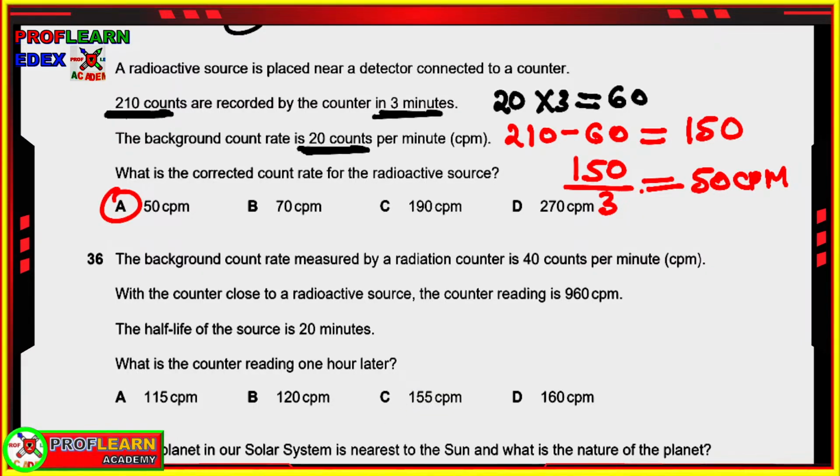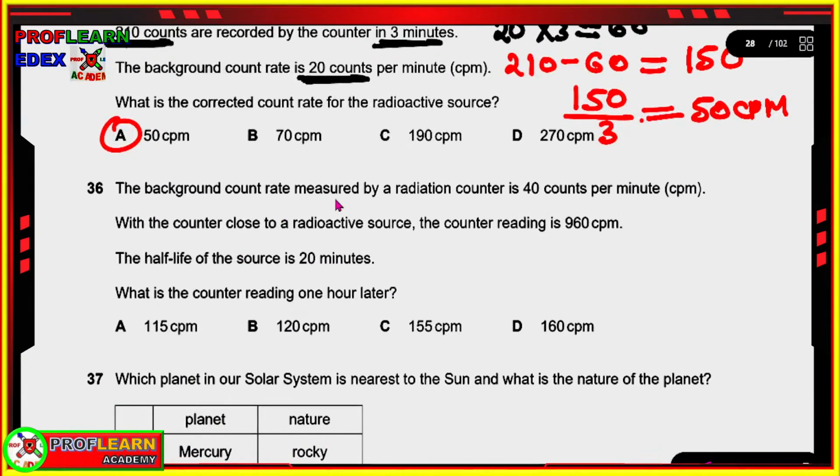So what about question number 36? Just write in the comment section what the answer is for question number 36. What do you think we're going to do in order to get the answer? We are told the background count rate measured by the radiation counter is 40 counts per minute.